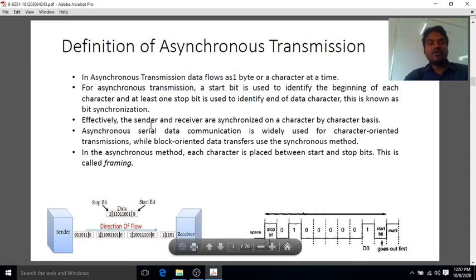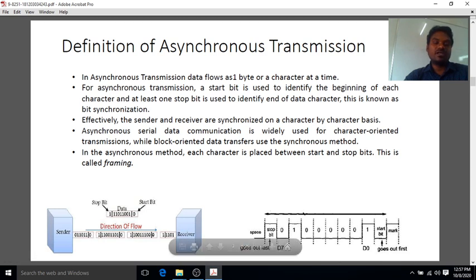In asynchronous transmission, data flows as one byte or character at a time. For asynchronous transmission, a start bit is used to identify the beginning of each character. Here the start bit is 0.